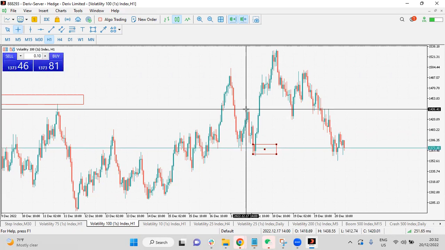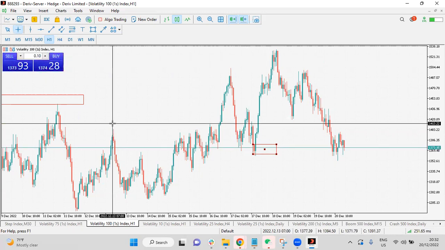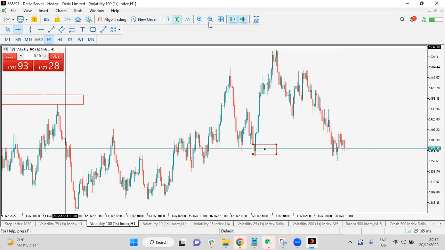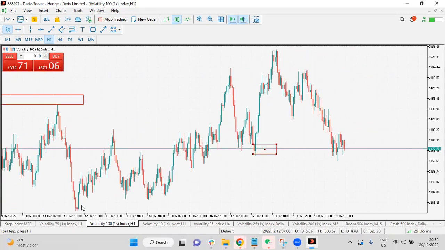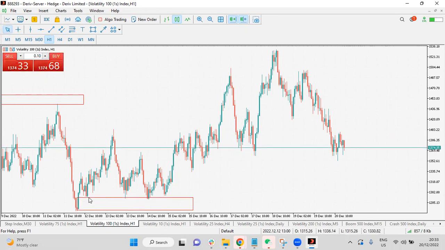Now try this simple concept, it will give you money. That one I can guarantee you. You see, like this one, you mark this, I see that it did not reach, but you see there was an OB here, which means the moment it got to this OB, it bought.